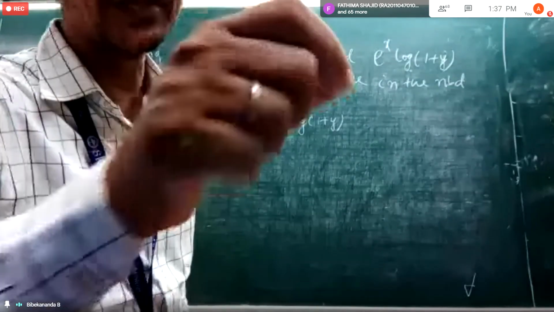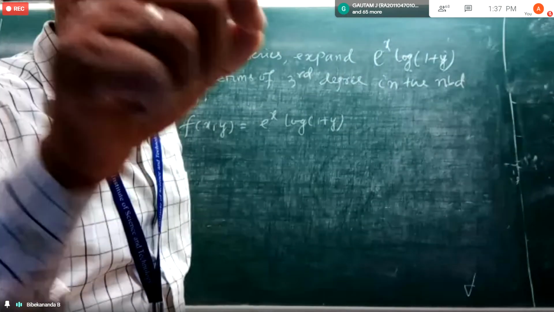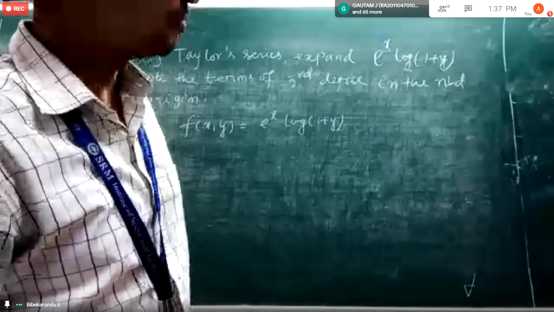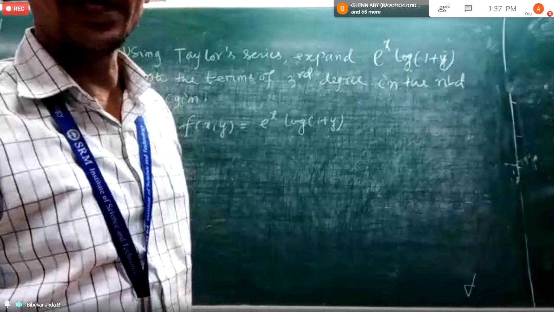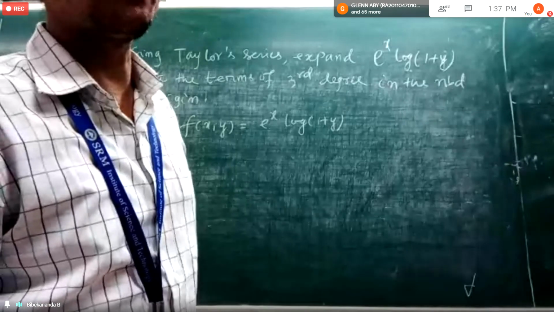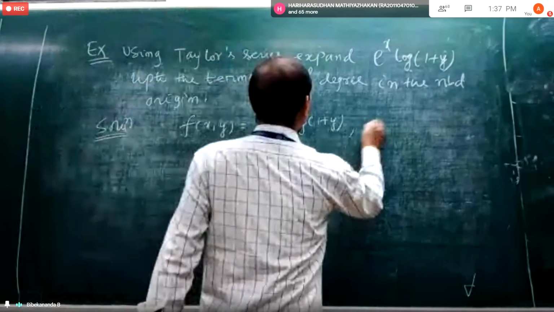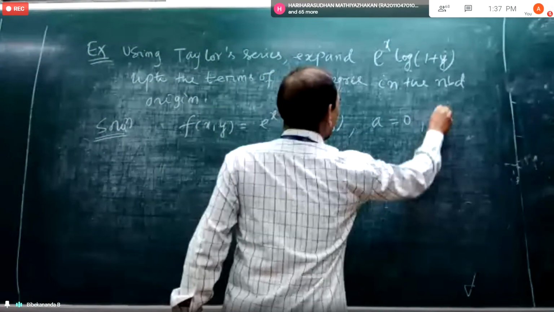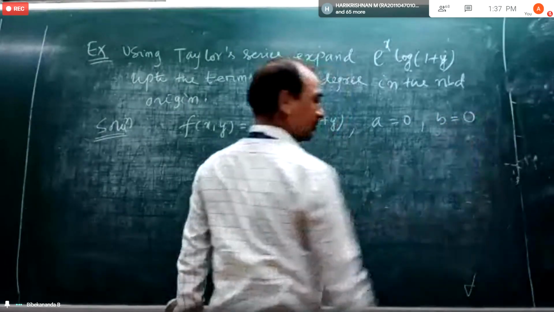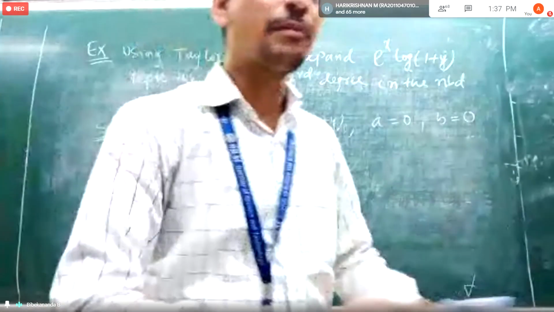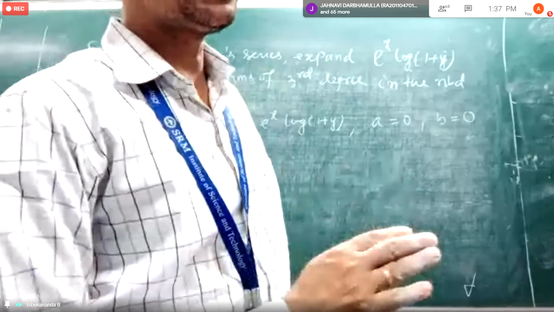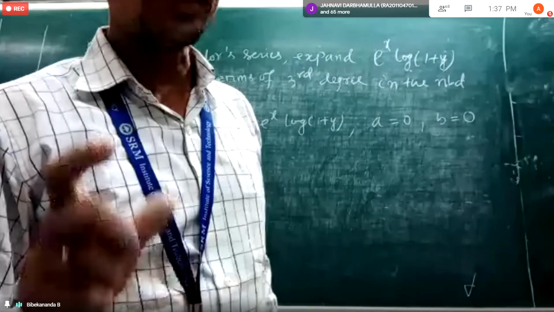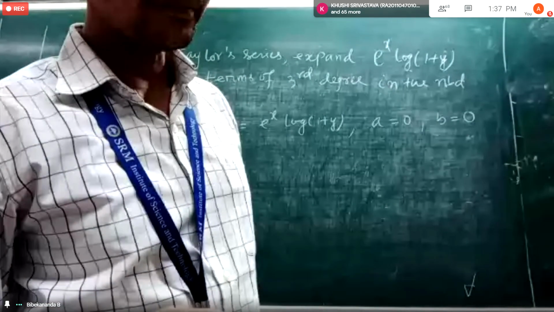In the neighborhood of origin, what is your origin? 0, 0. So here a equal to 0, b equal to 0, the same thing we did in the previous problem. Did everybody get how to identify the values of a and b?